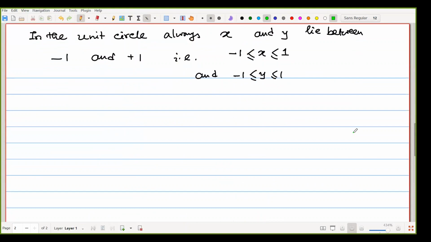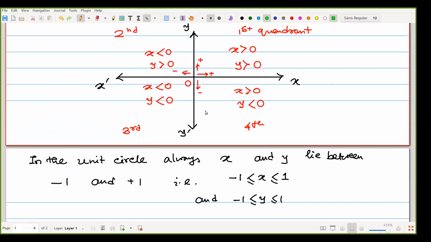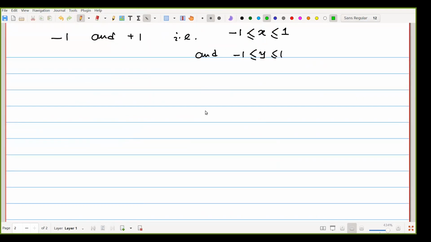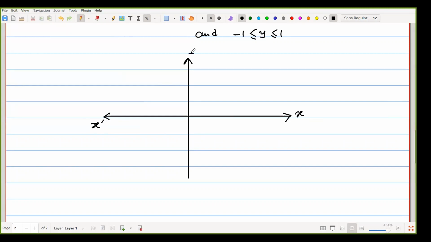And obviously we have the first quadrant, second quadrant, third quadrant, and fourth quadrant. So according to the t functions, what should happen? We are drawing once again another coordinate system. That is x, that is x dash, plus y, and that is y dash.